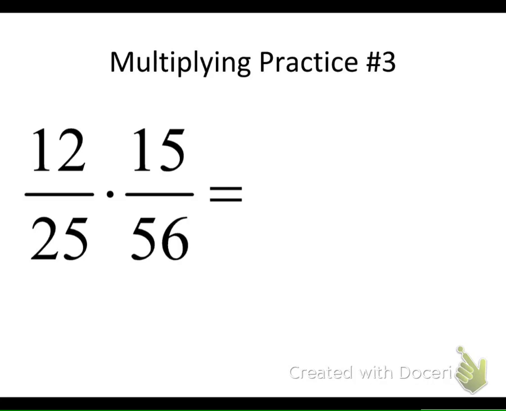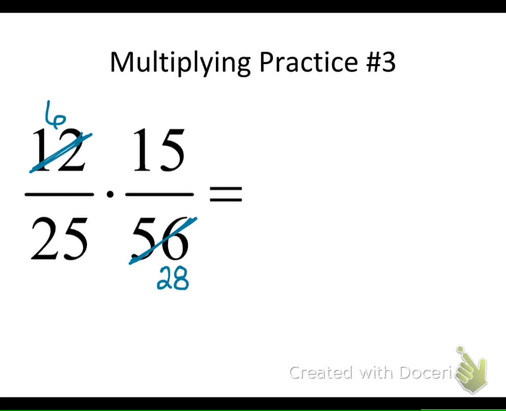Are both of these numbers divisible by 2? Yes. They're both even numbers. So what's 12 divided by 2? Okay. And then what's 56 divided by 2? Okay, now, just because I reduce it once doesn't mean I'm done.